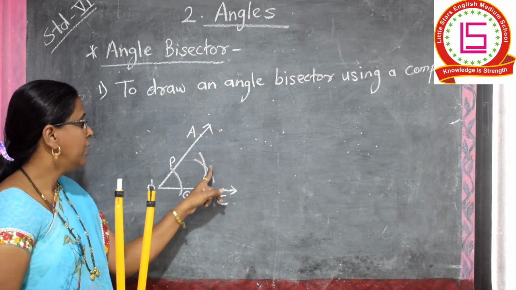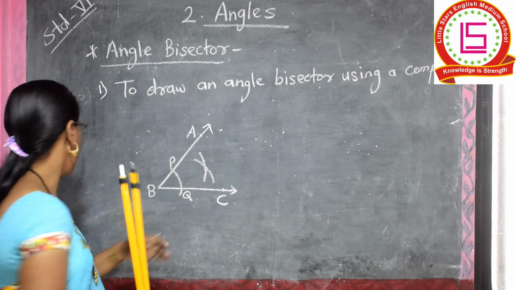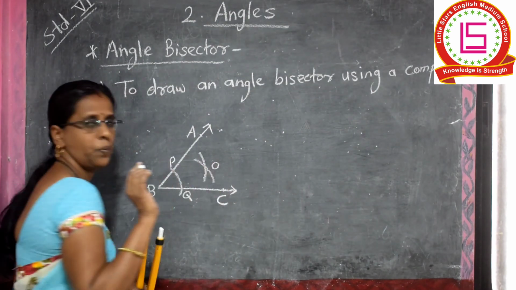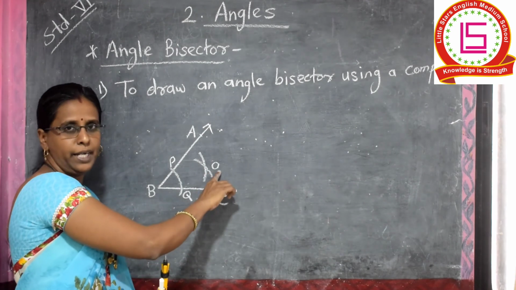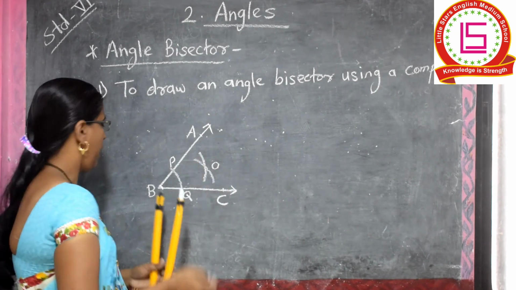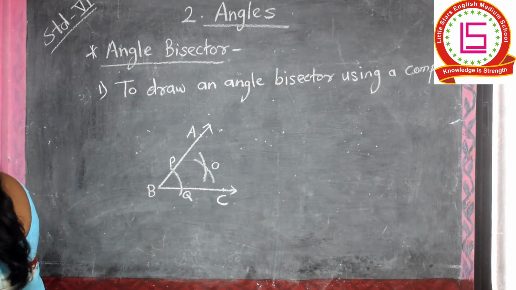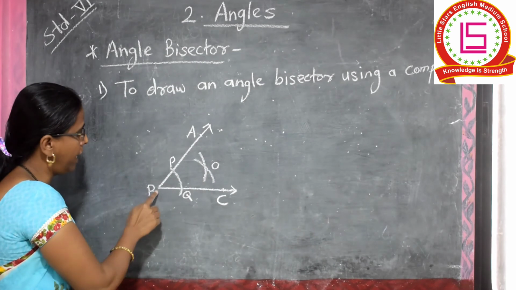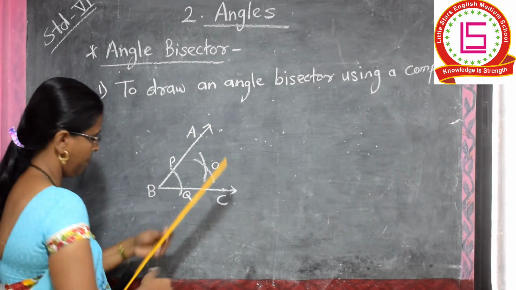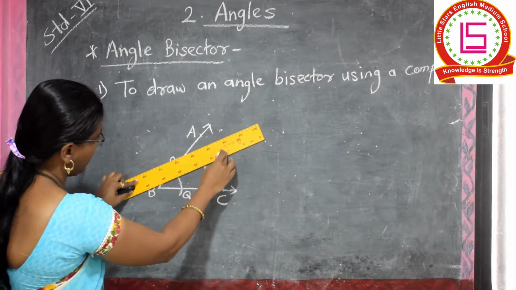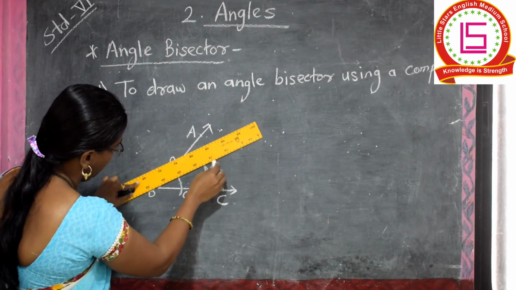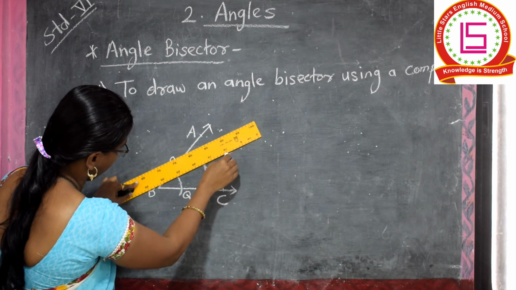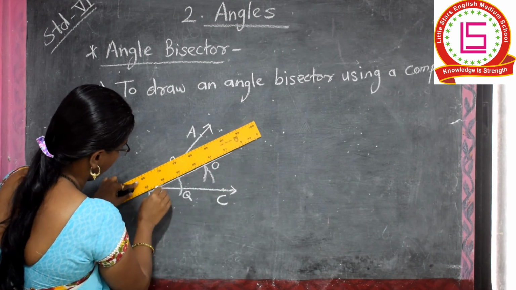Okay, then the point of intersection we met here, name this point of intersection O. After that we join the point of intersection and vertex B. With the help of a scale, we join the points O and B, like this.